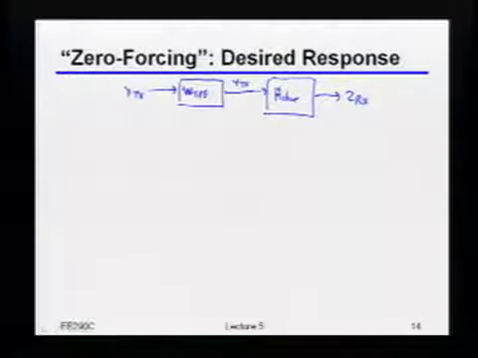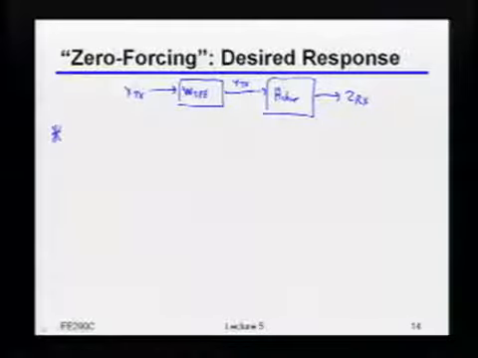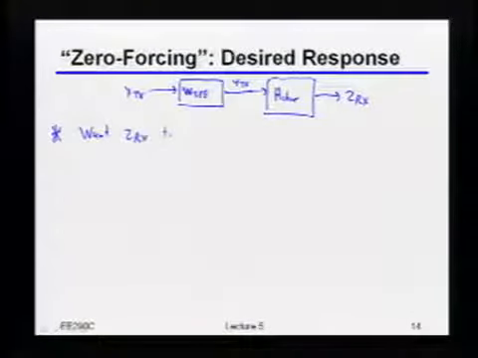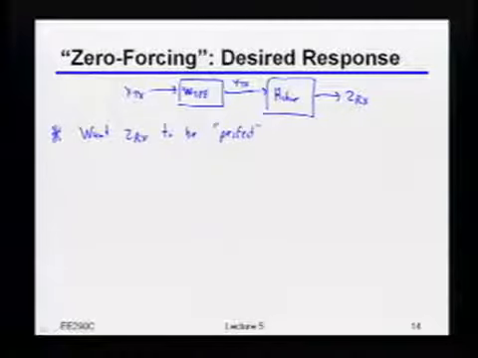Okay? So remember, the whole goal with building this equalizer was that we wanted that received analog voltage to be a perfect bit. What I mean by that in the sampled domain is something like the following.